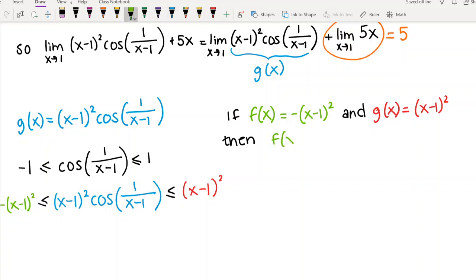So f of x is less than or equal to g of x is less than or equal to h of x.